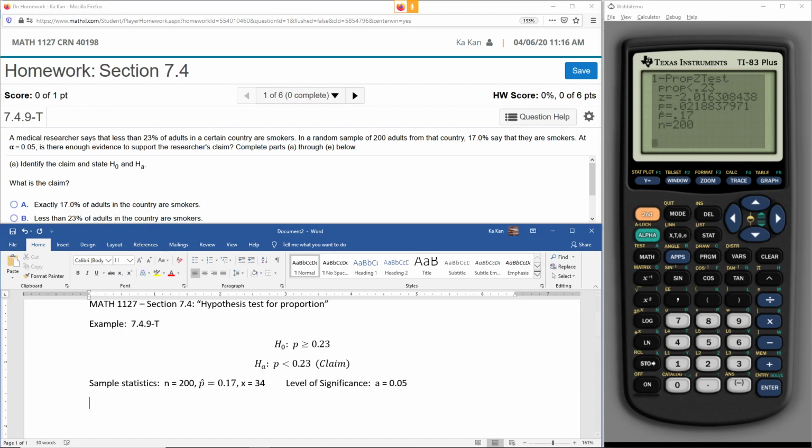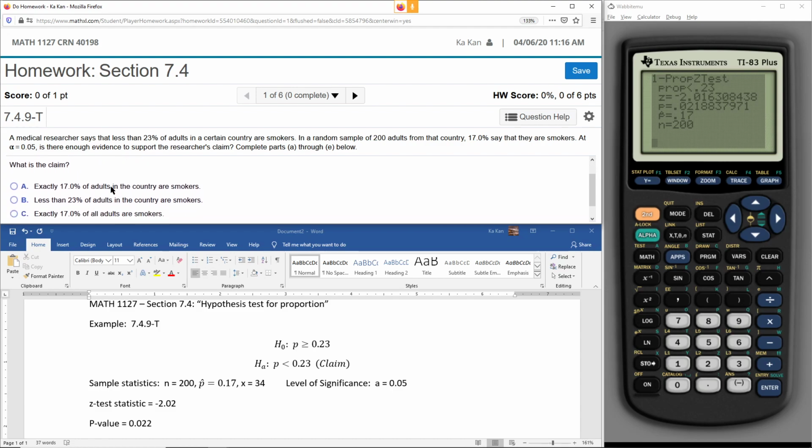So there you go. We have the test statistic z equal to negative 2.02, and the p-value is 0.022. Don't worry about the 0.17 right here. That's basically what they gave us, so it doesn't really matter.